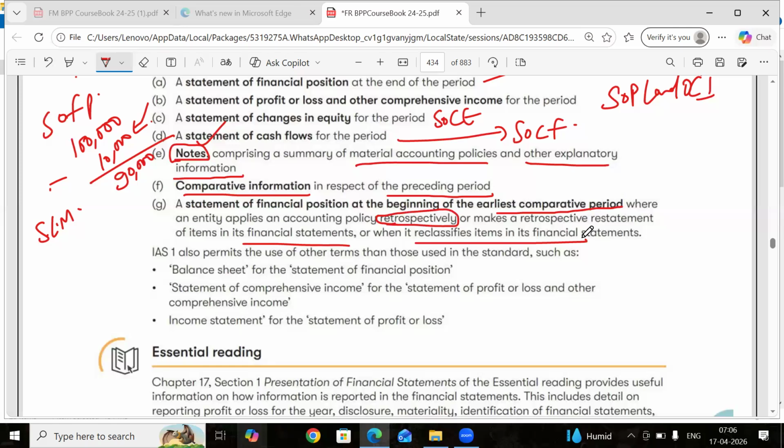If the company changes the policy, they have to give retrospective treatment, as if they had been using the policy from the beginning. They are making a change today, but they have to show that the change is happening from the beginning. That's called retrospective treatment. Don't worry, we will discuss this retrospective treatment.